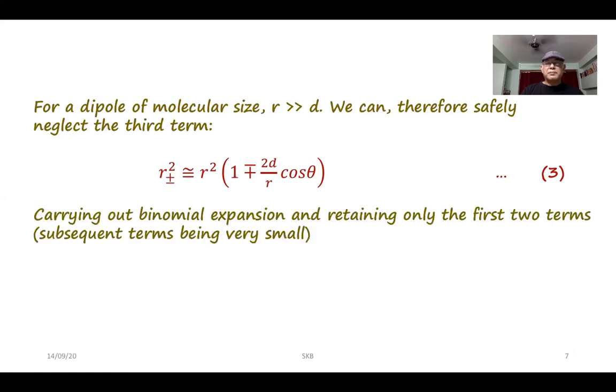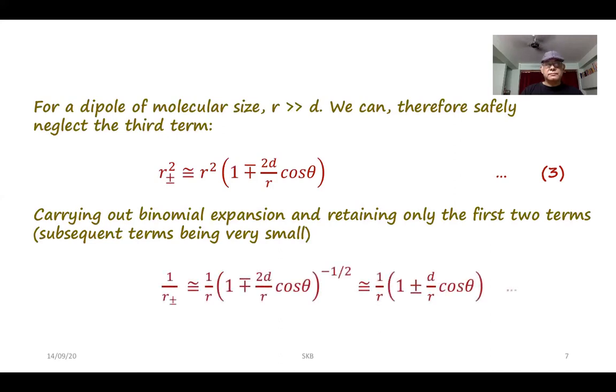Carrying out binomial expansion and retaining only the first two terms, the reason being the subsequent terms being very small, we get 1 by r plus minus as given by equation 4.